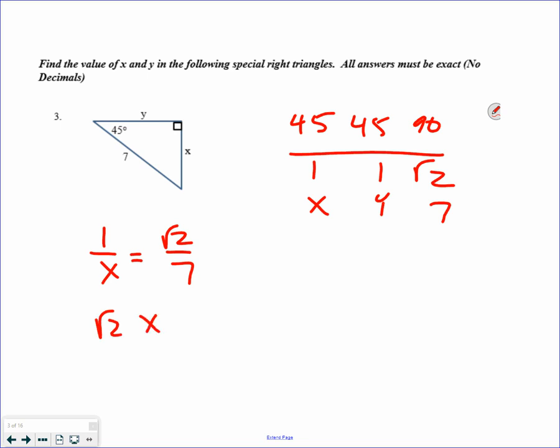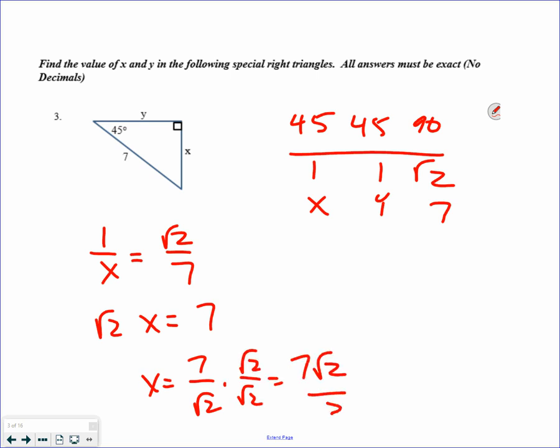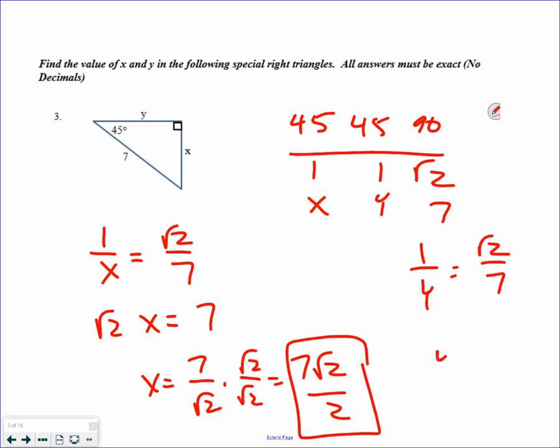This is where things start getting a little bit more interesting because you have to divide by the square root of 2, just like you did on the previous question. You have to multiply both the top and the bottom by the square root of 2. And now setting up the exact same proportion here, 1 over y would equal the square root of 2 over 7, and you're going to get the exact same answer without me going through all the work for that one.